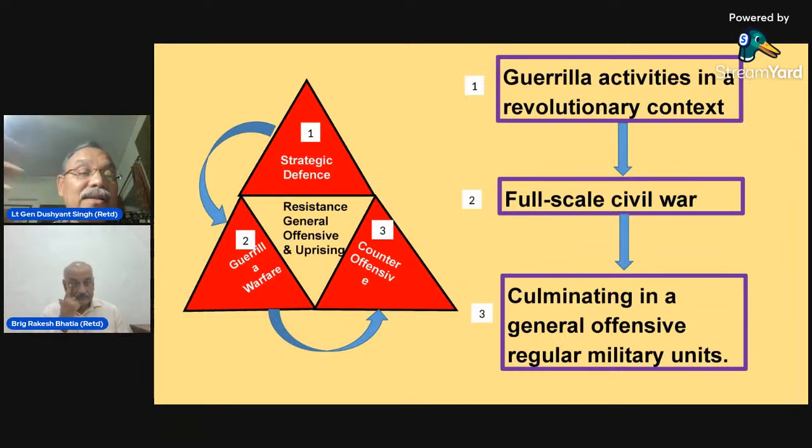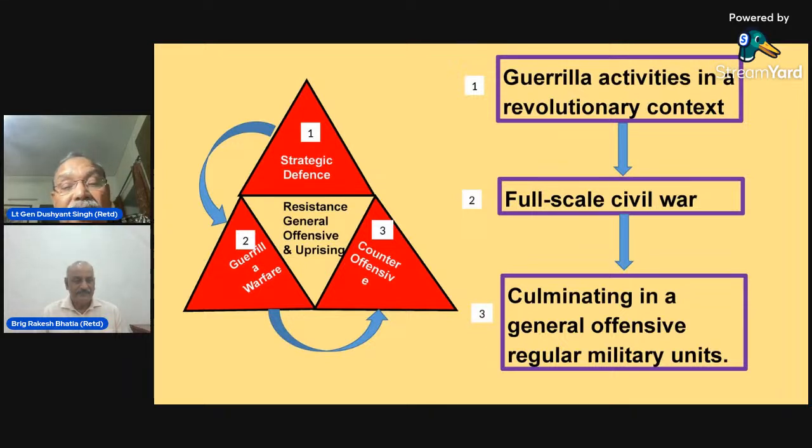Thereafter, a number of other wars were fought where guerrilla warfare tactics were used quite effectively. India used guerrilla warfare tactics in the 1971 war. Pakistan tried to use a similar kind of, not really guerrilla, but with the Razakars, they tried to use an unconventional method in a conventional setting.